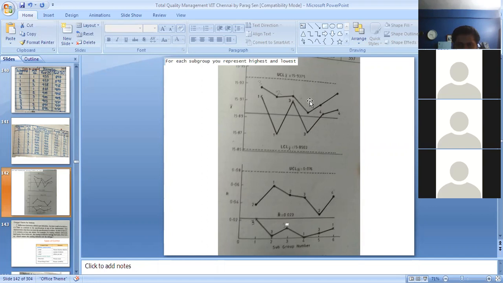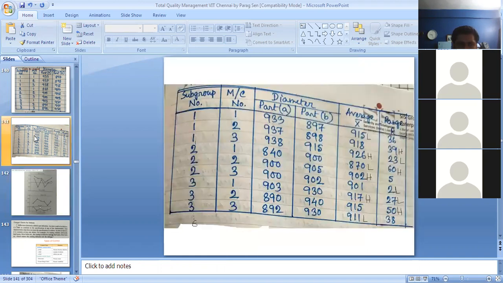Then in the second day, this is the first shift, the second shift, and the third shift of the second day. Usually in industry, each day has 3 shifts. So along the x-axis you are representing the shifts, and along the y-axis you are representing the values of your x bar.